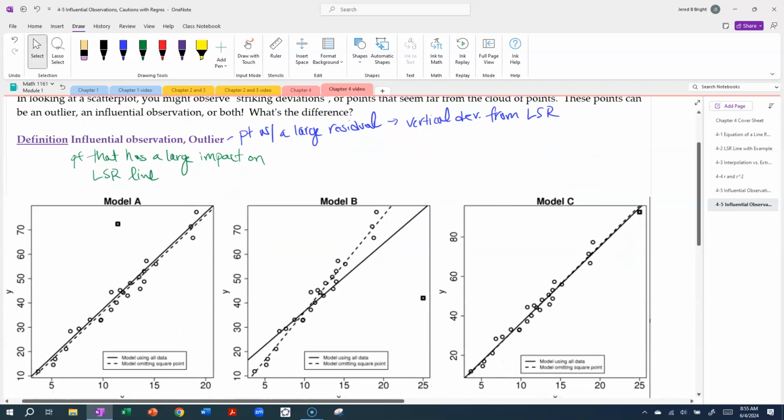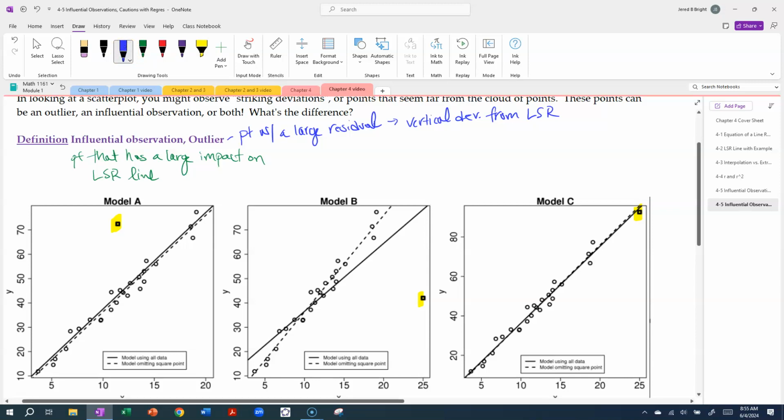So here we have a few examples and we need to identify which ones, or the square point as it were, here, here, and over here, are influential observations or outliers. And technically they could be both, right? Because if it has a large residual, chances are that it could also have a large impact on the LSR line.